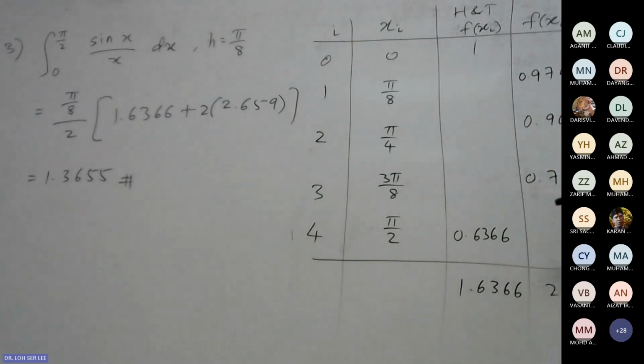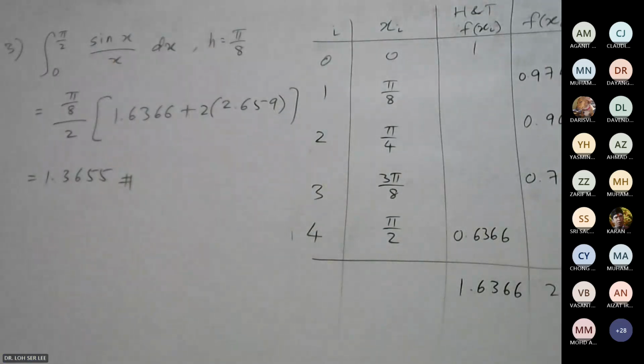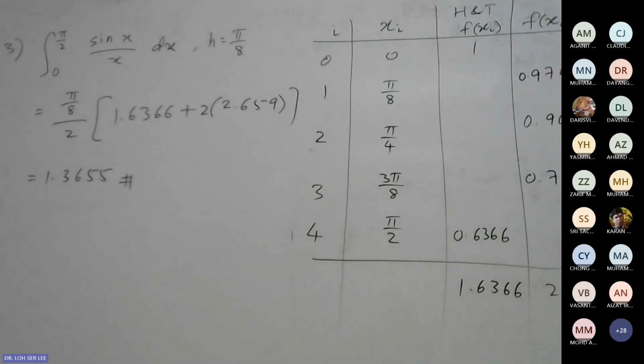For the values of this, you have to use sin x over x. The cos x just now is just specific for this case when x equals 0, because when x equals 0, it gives error. That's why we use L'Hopital's rule.